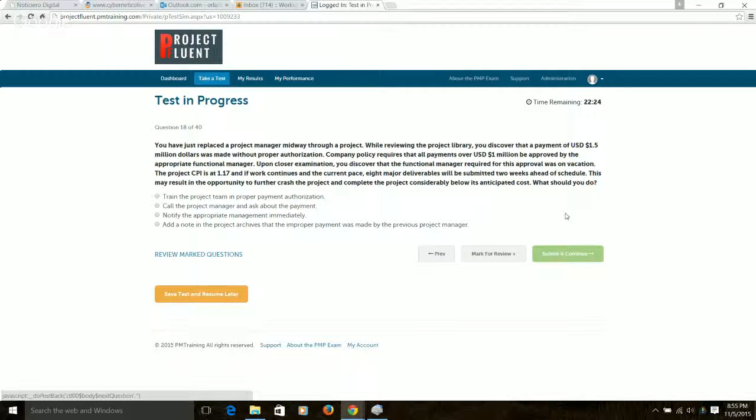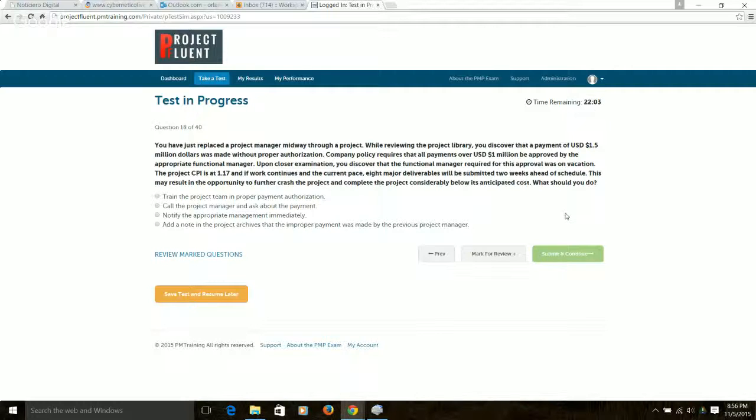Company policy requires that all payments over $1 million be approved by the appropriate functional manager. Upon closer examination, you discover that the functional manager required for this approval was on vacation.